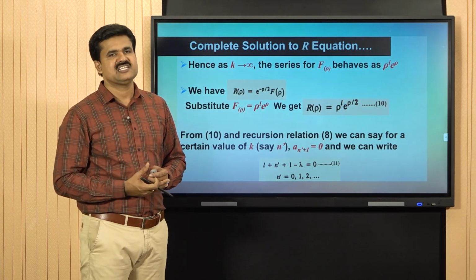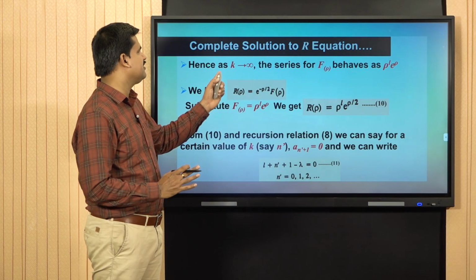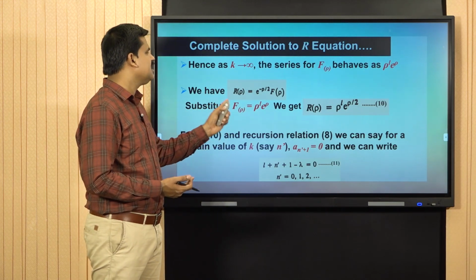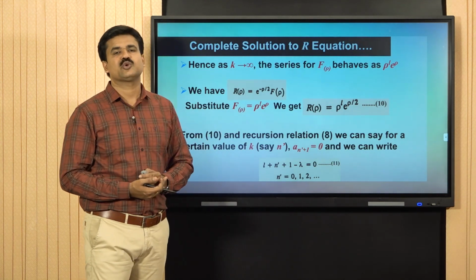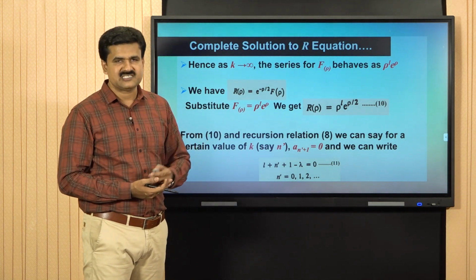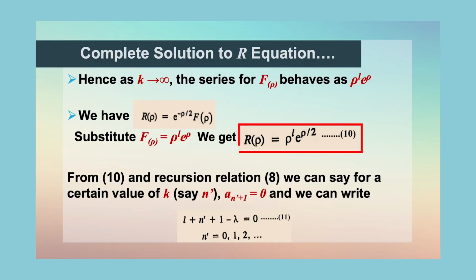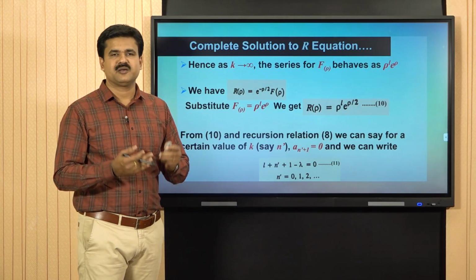This is a special condition which happens if and only if k tends to infinity. Thus, incorporating this value in this equation we will get R(rho) is equal to rho raised to L into e raised to rho by 2, and it is marked as equation number 10.